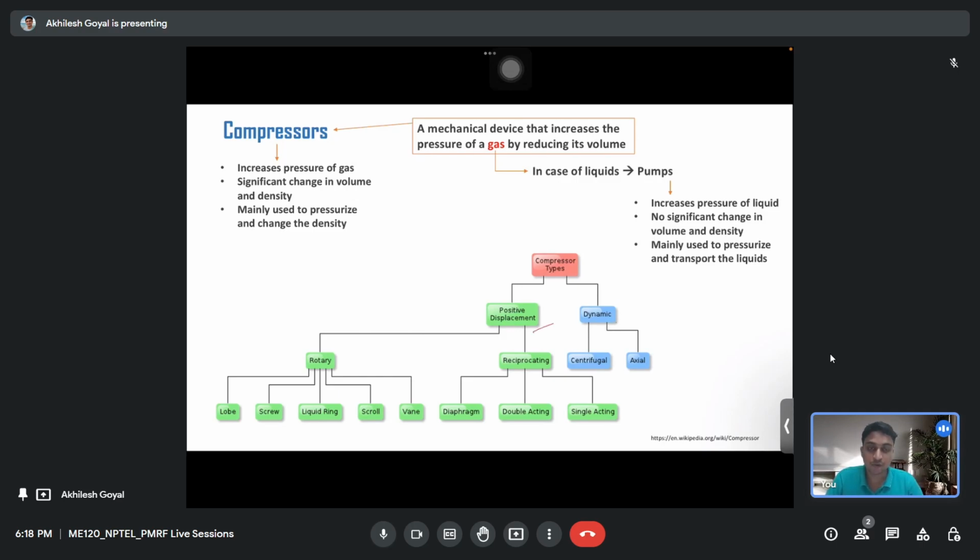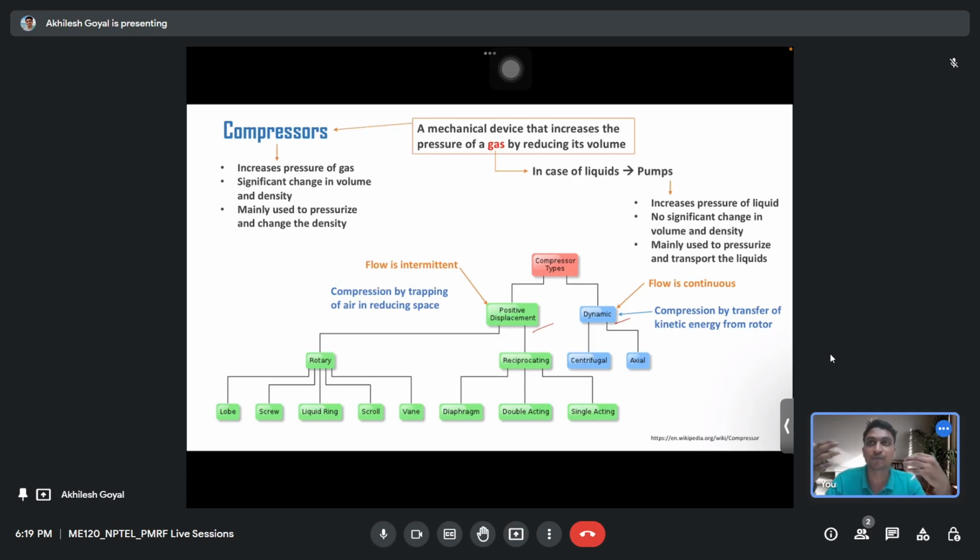In positive displacement compressors the flow is intermittent, and in dynamic compressors the flow is continuous. Also, in a positive displacement compressor, the compression happens due to the trapping of air in a reducing space.